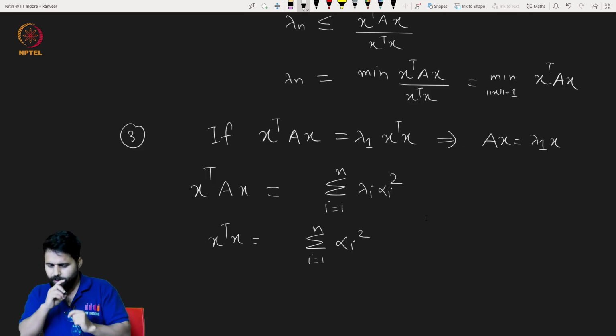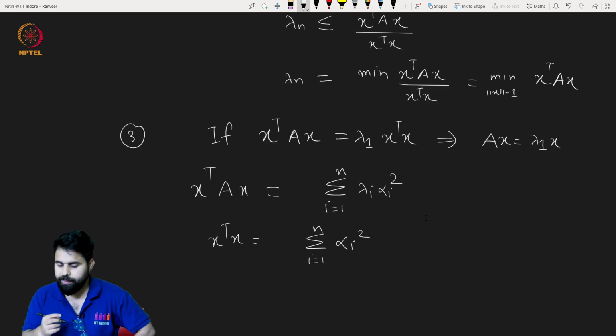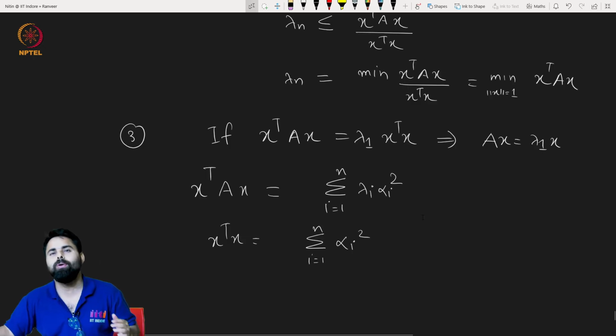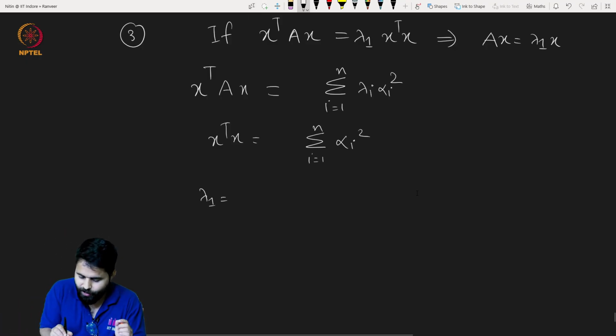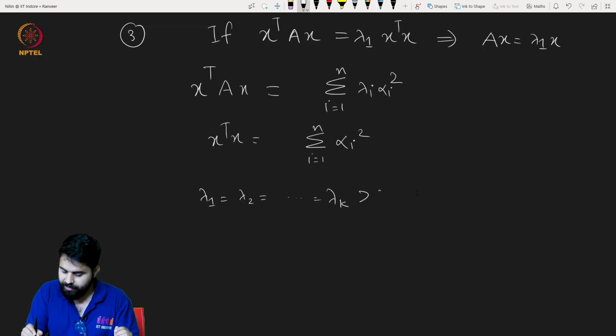Now remember, what I have done is lambda 1 greater or equal to lambda 2 and so on. Suppose there are k eigenvalues which are equal to the largest one. It may happen that lambda 1 equals lambda 2 equals up to lambda k, and then the rest follow, lambda k plus 1 up to lambda n.